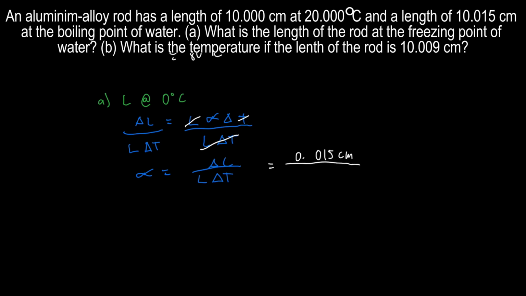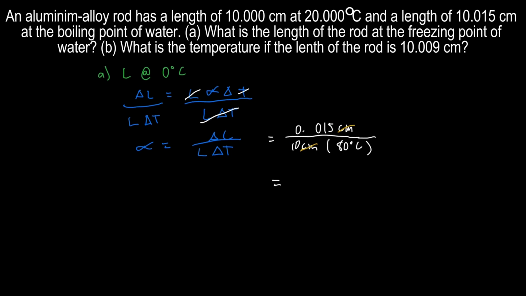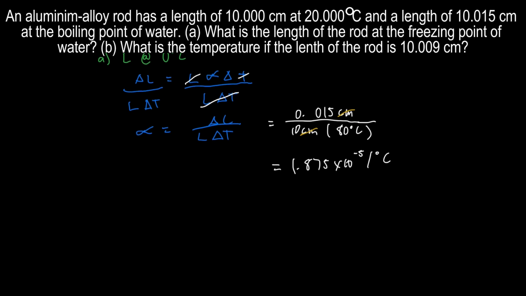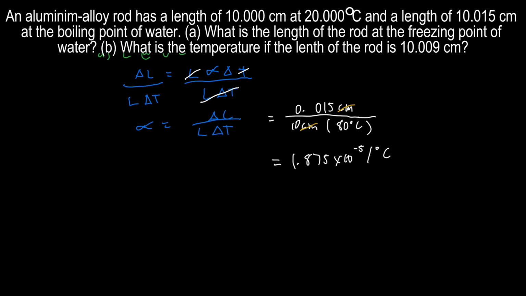Our L is 10 centimeters and change in T is 80 degrees Celsius. So we're going to cancel centimeter and centimeter, and this is approximately 1.875 times 10 raised to negative 5 per degrees Celsius. So we now have the value for alpha.